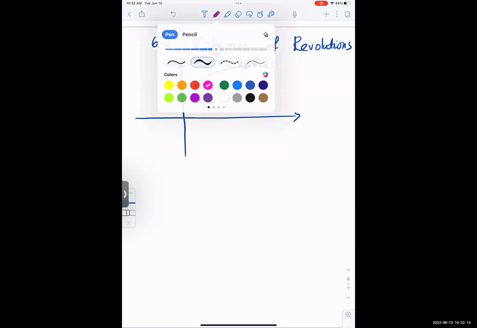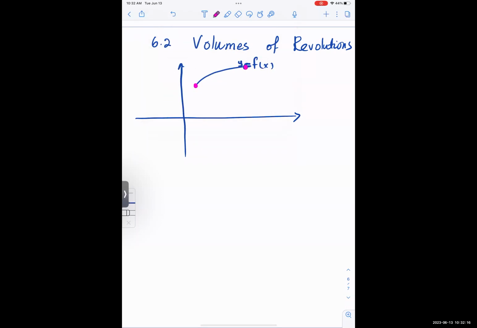Let's say there is a beginning and an ending. So this is the beginning, this is the ending, this is the graph. I want to revolve it, let's say around the x-axis. So this is going to be the shape. Do you see that?